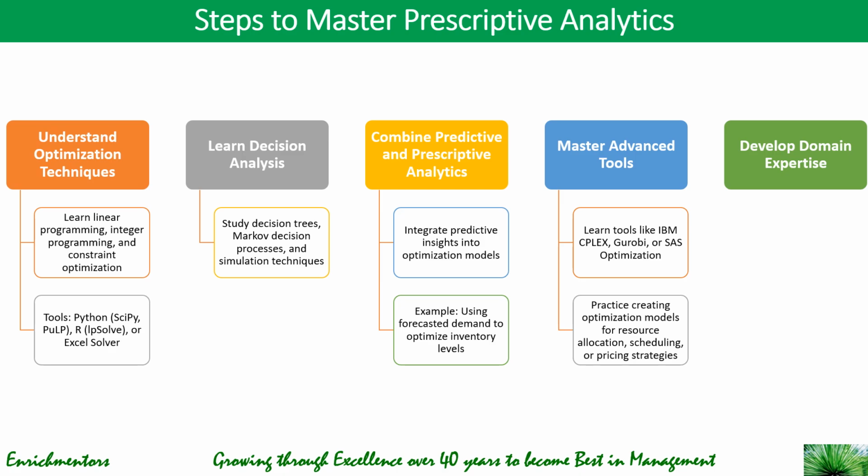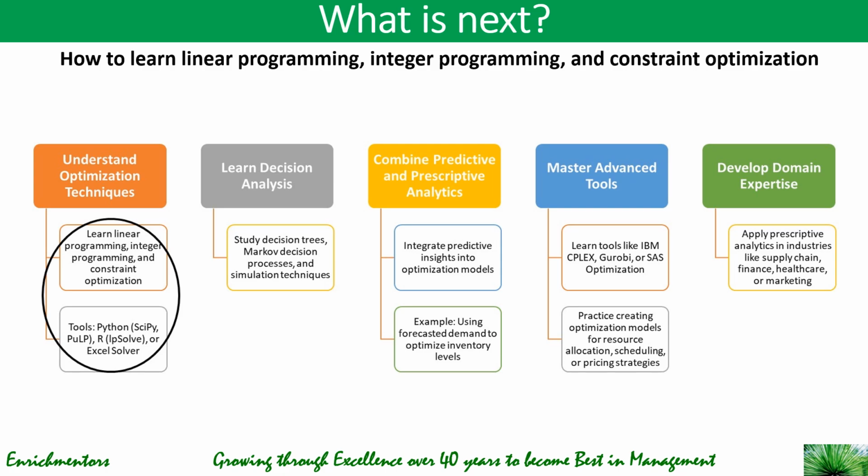And finally, you develop domain expertise by applying prescriptive analytics in industries like supply chain, finance, healthcare, and marketing, where there is significant value today. And obviously, prescriptive analytics will keep growing into many industries, so we need to keep developing the right domain expertise.